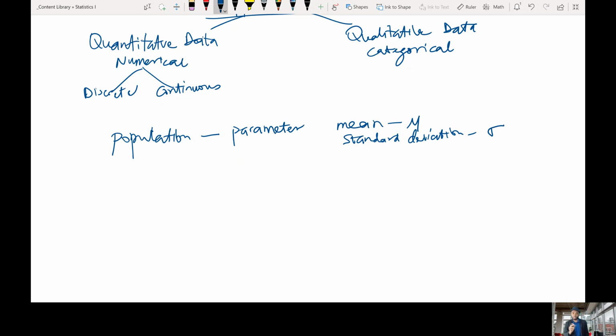So that's a small sigma. It's different from the sigma that you might have seen in algebra, which is a capital letter sigma, which denotes sum of. We're also going to use this later on in the class. And the characteristic of a sample is known as the statistic.